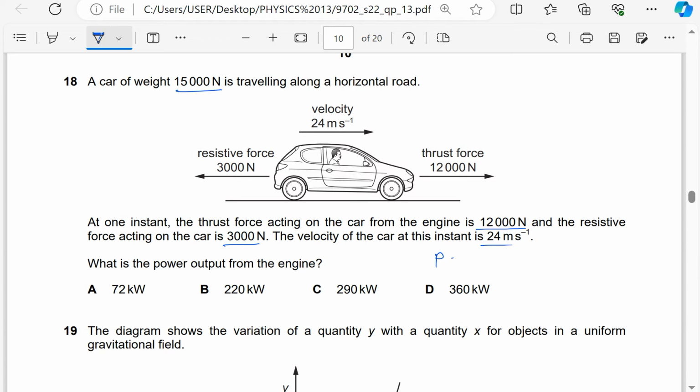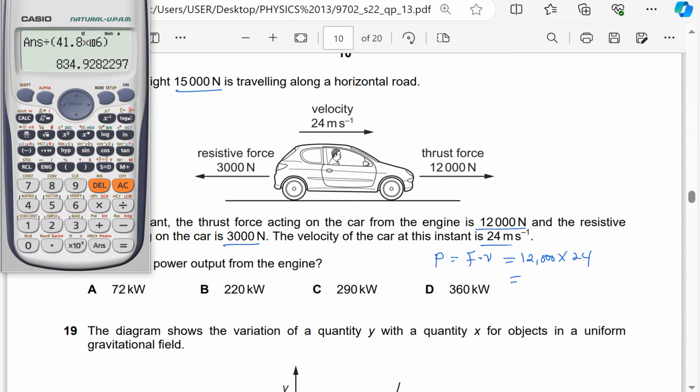Of course, the power from the engine should be force times the velocity. So the force here is strictly going to be the force from the engine without subtracting the resistive force, because the force from the engine must overcome the resistive force and also move the car. So this is going to be 12,000 newtons times the velocity, which is 24.